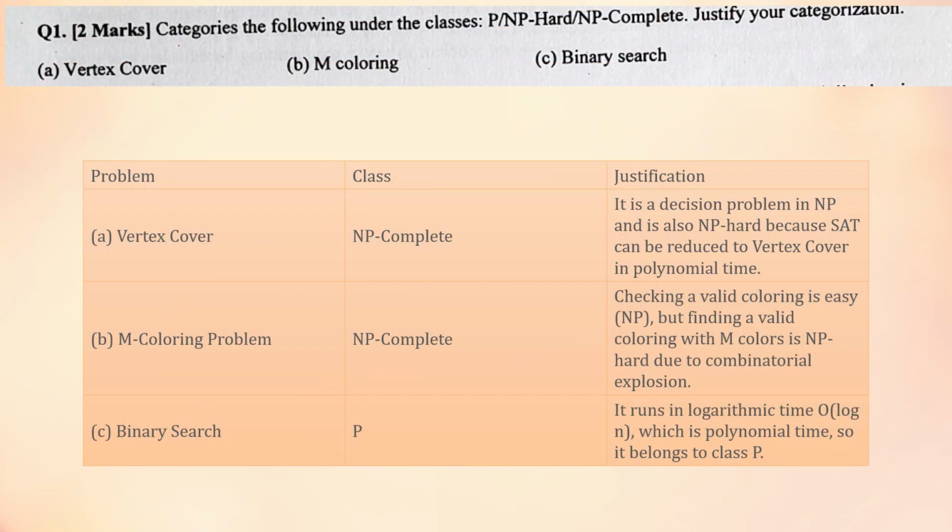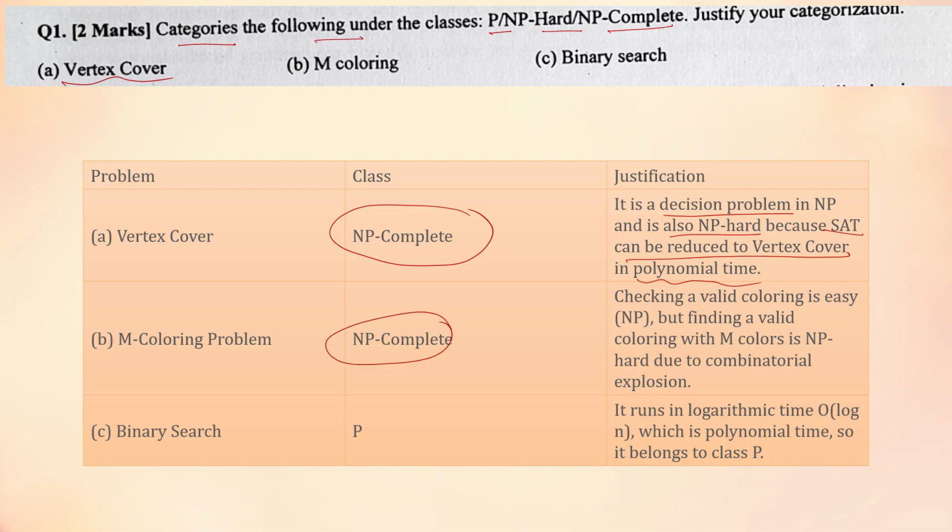Next, categorize the following under P, NP hard, NP complete. Vertex cover is an NP complete problem as it is a decision problem, and it is also NP hard because SAT can be reduced to vertex cover in polynomial time. M coloring is NP complete.